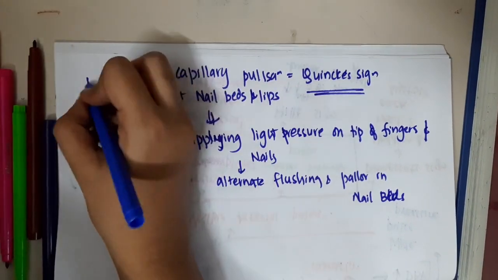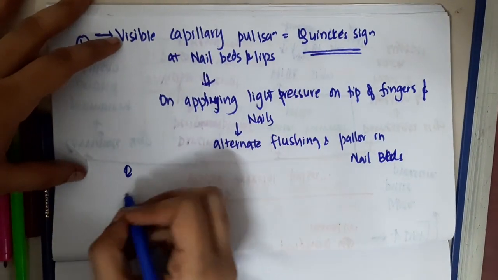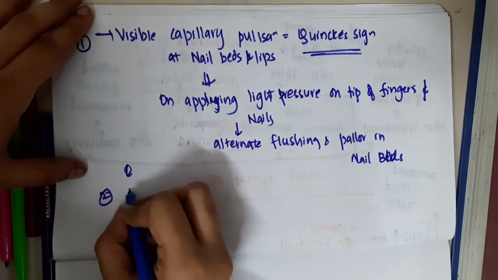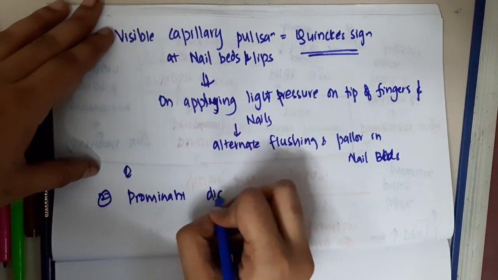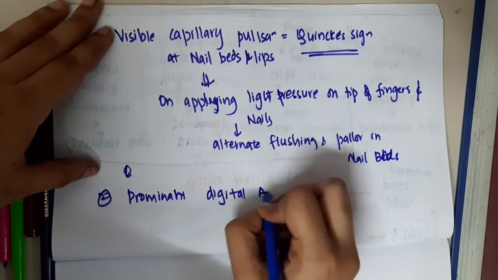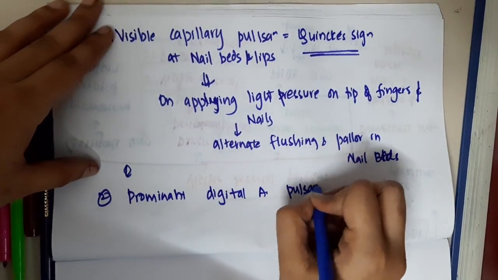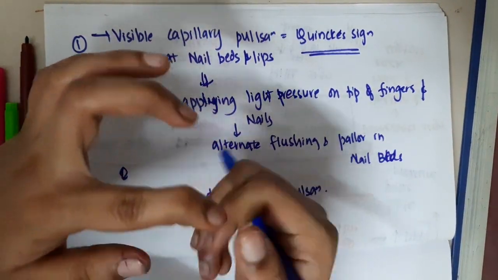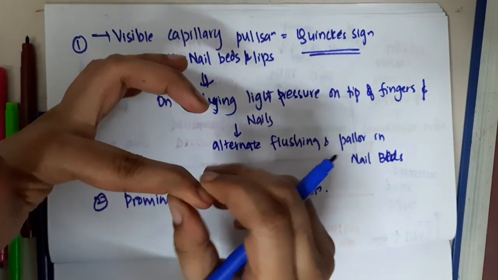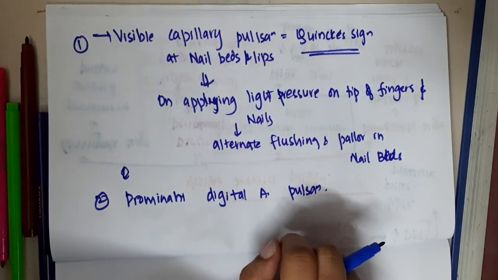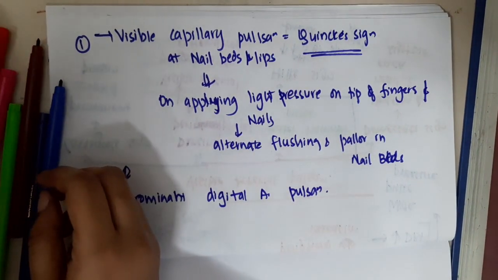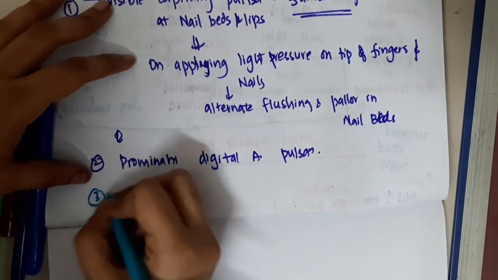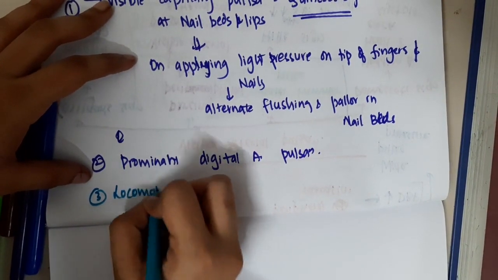Then what is the second sign? You will see the presence of prominent digital artery pulsations. If you hold the flexed fingers of the hand with your fingers in flexed position, you will see prominent digital artery pulsations. Then the next sign is Locomotor brachialis.